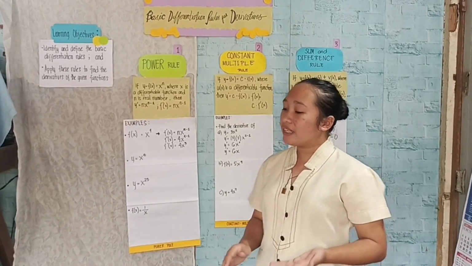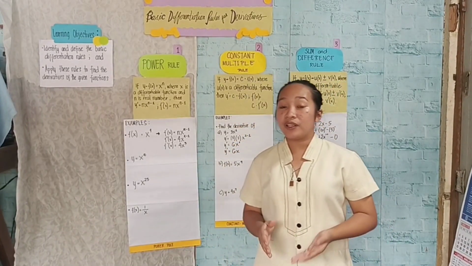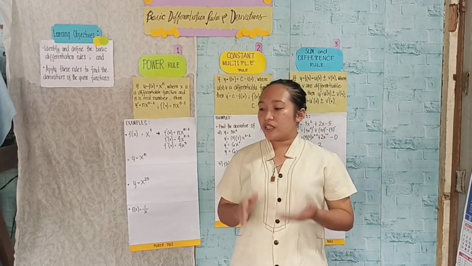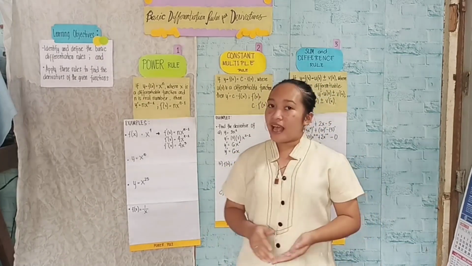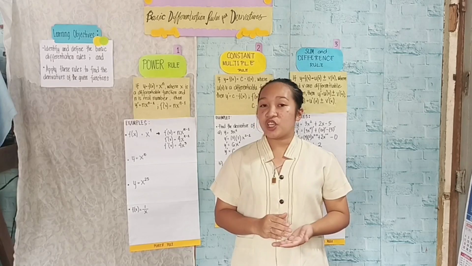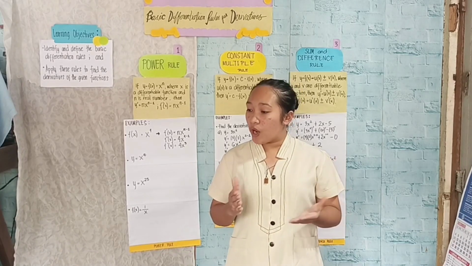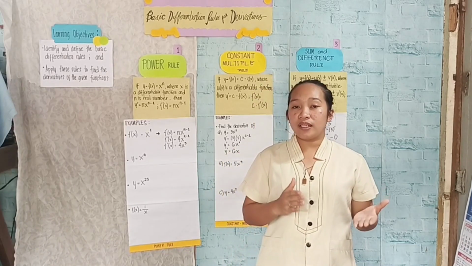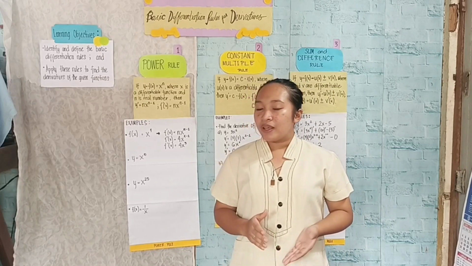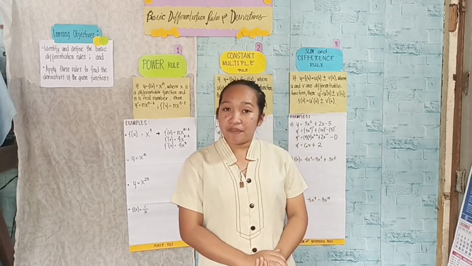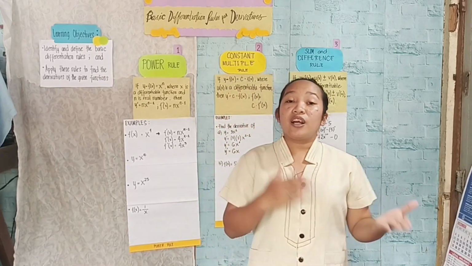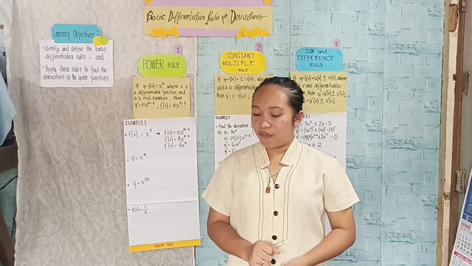So, in finding the derivative using the power rule, let us remember to make the exponent the numerical coefficient and subtract 1 from the given exponent of the variable x. Then, simplify the derivative if it is not in its simplest form.